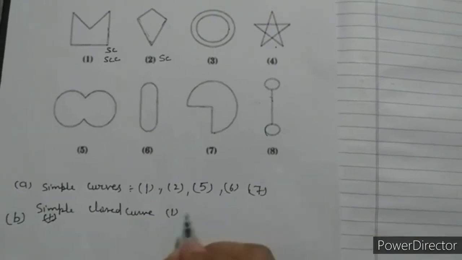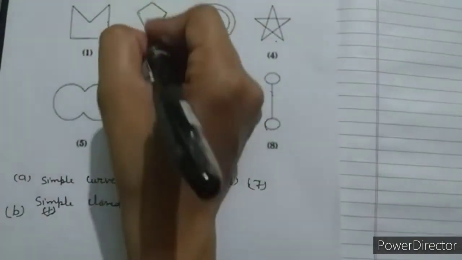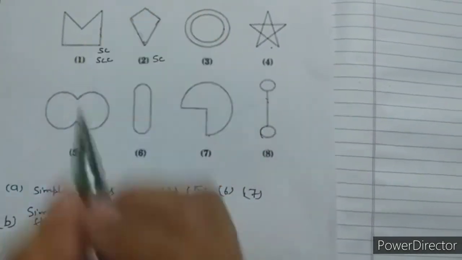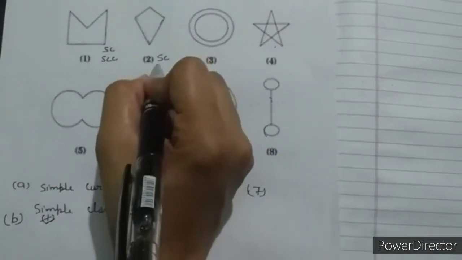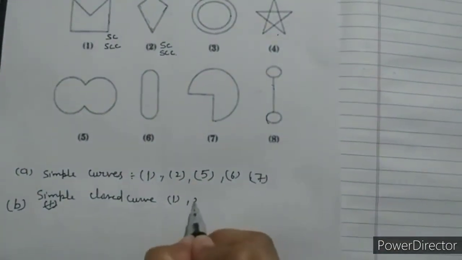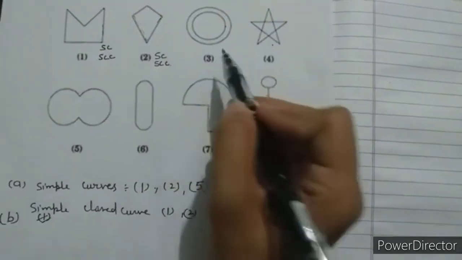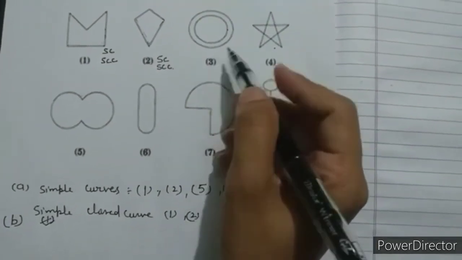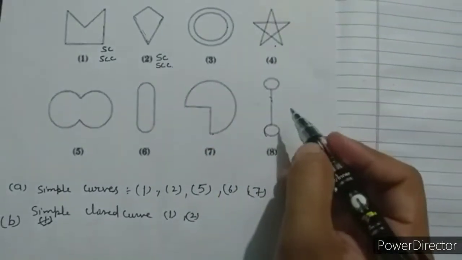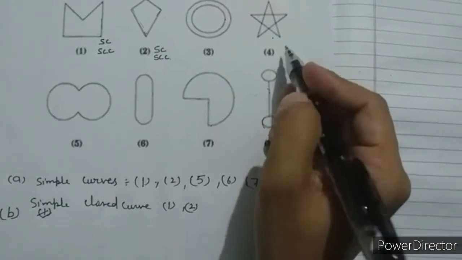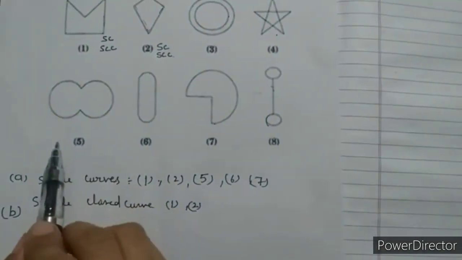Figure number 2 is also a simple closed curve. You can check here, this curve is closed. So it is a simple closed curve. Now figure number 3 is not a simple curve, so it can't be a simple closed curve. Figure number 4 is also not a simple closed curve, because it is not a simple curve.